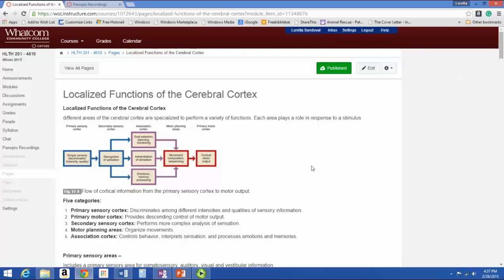Secondary sensory cortex performs more complex analysis of sensation, so it actually recognizes it. Motor planning organizes movements, and the association cortex controls behavior, interprets sensation, and processes emotions and memories with regard to that sensation. I would like you to know those 5 categories and what they do.